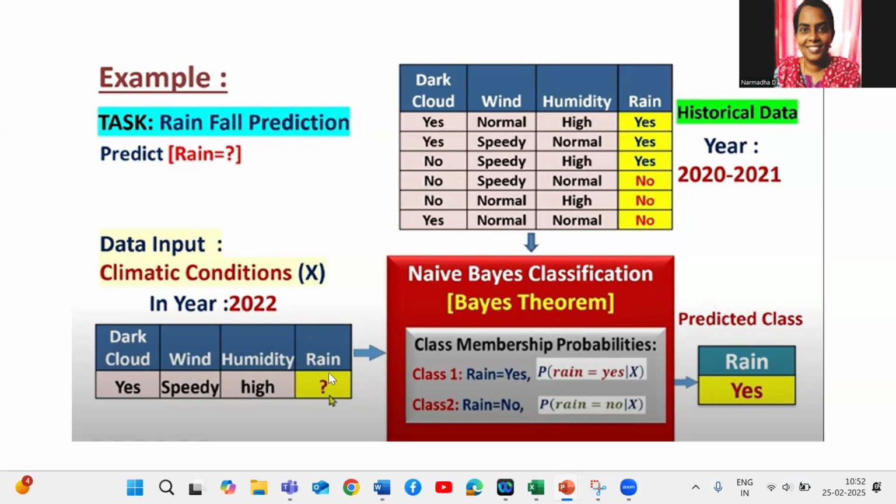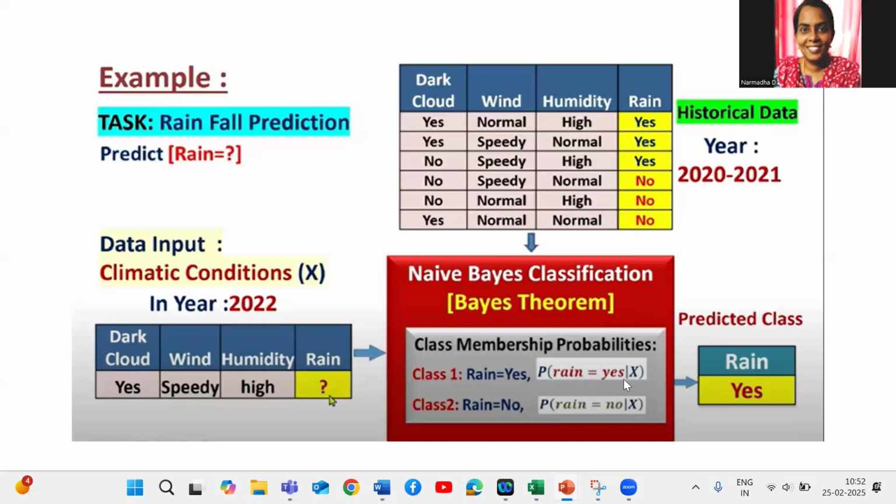So on this particular input of a day, will it rain or not? We need to predict the class membership probability, that is, the probability that it will rain on a particular day given the input X, where X is the input feature, and the probability that it will not rain given the input feature.